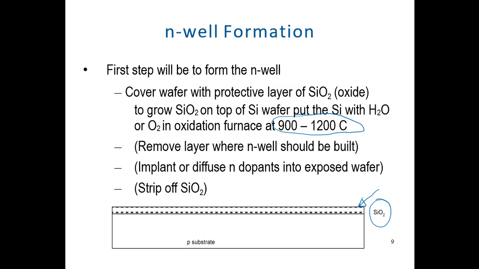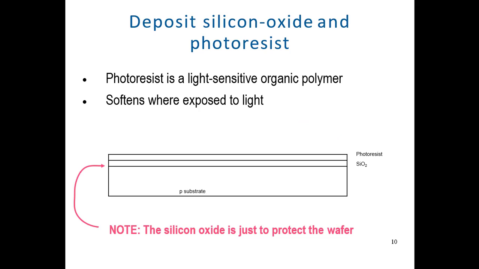So on top of your P substrate, you develop this silicon dioxide layer. Then on top of that you develop this photoresist material. This is basically a very sensitive, light sensitive organic polymer. It resides on top of your silicon dioxide.